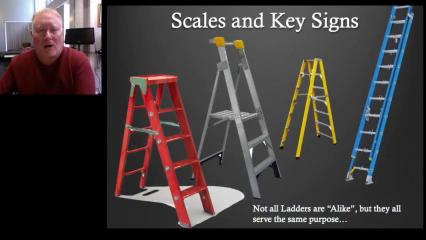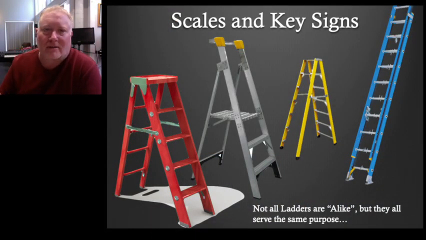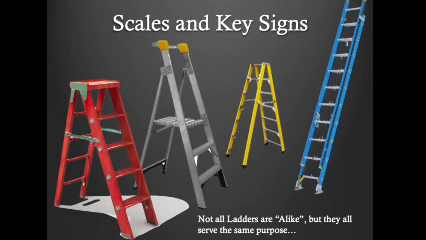So I use ladders as our illustration for scales and keys. I've got 4 different ones there, not all ladders are alike, but they all serve the same purpose, which is they tell us which notes or keys are being used in a song.